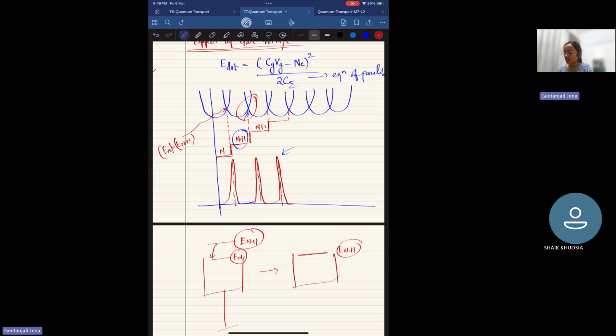Because of that, the charge carrier will tunnel to this conducting island and we'll see a peak in the conductance or in the current. And this is achieved at n plus half, n plus 3 by 2, and n plus 5 by 2.